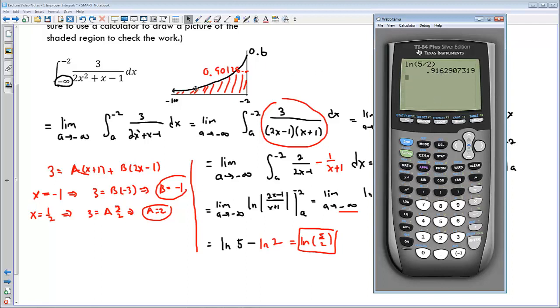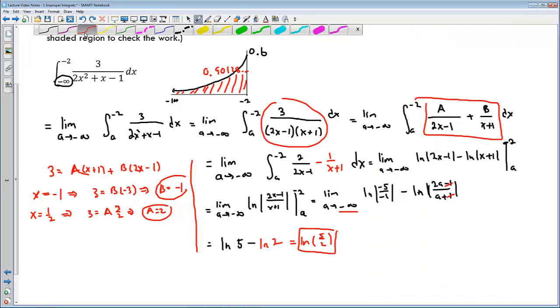Now it's not as close as you might like, but the reason for that is you only went to negative 100, and negative infinity is a lot bigger than negative 100, right? So if you took negative 1,000 here, you probably would get a better approximation. This actually seems pretty good to me because you may not have gone far out enough. You may need to go to negative 1,000, negative 10,000 or something.